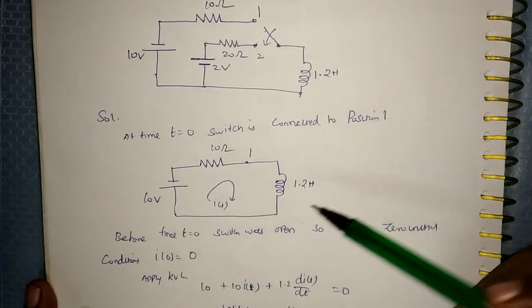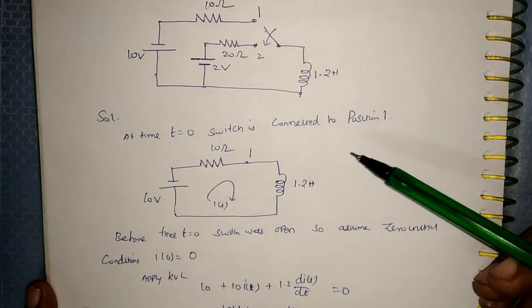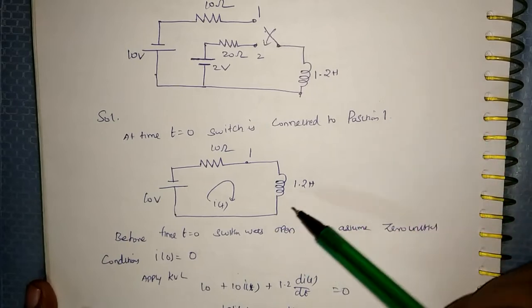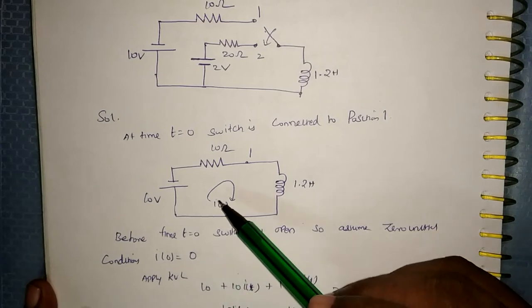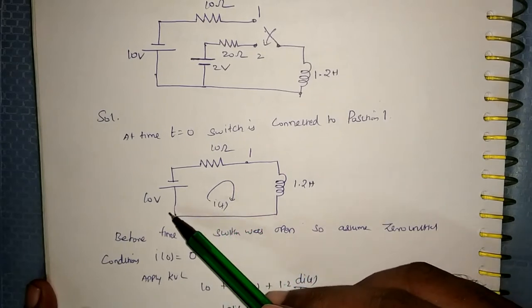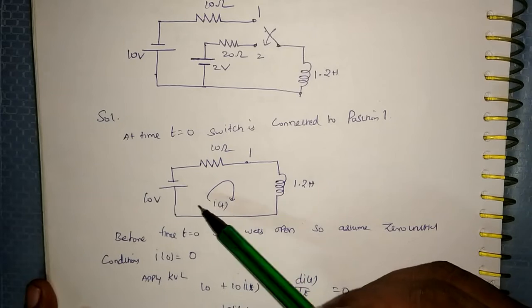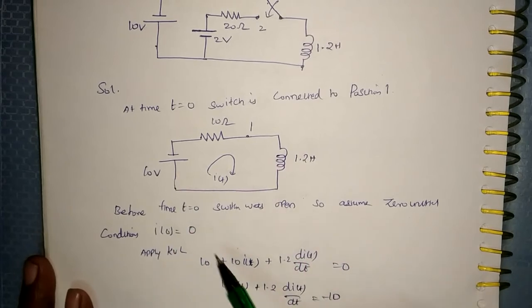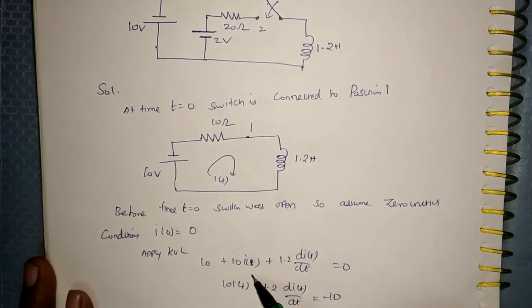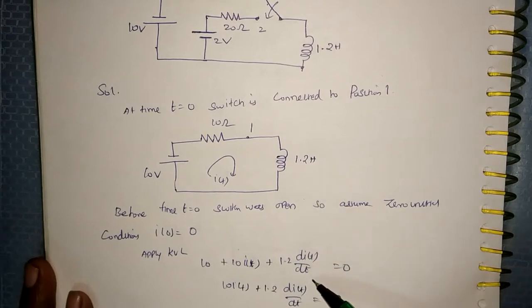Before t equal to 0, the switch was open, so the initial condition is 0 here. There is no initial current available, so I of 0 equals 0. I am going to apply KVL. So we get minus 10, sorry, it is plus 10, I of t plus 1.2 times di of t by dt equal to 0.